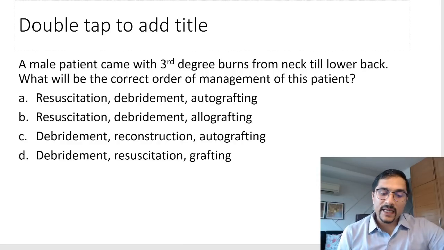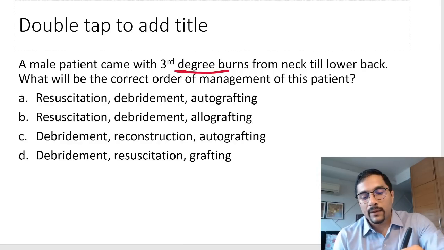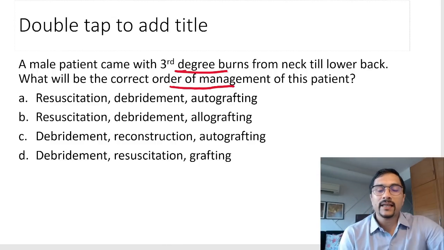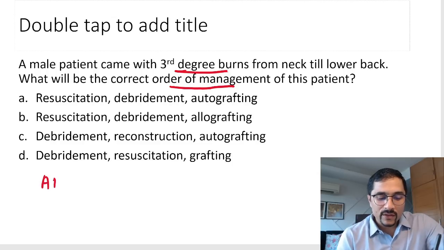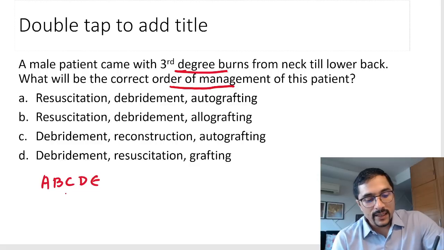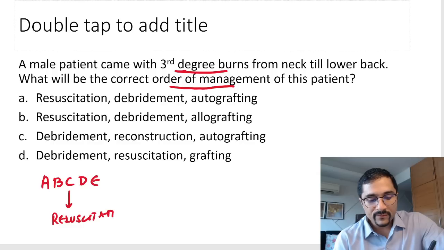Okay. A male patient comes with a 3rd degree burn from neck till lower back. What will be the correct order in the management of this patient? Now we know that in burns patients also we follow A, B, C, D, E: airway, breathing, circulation, disability and exposure. So first thing is circulation. That means we have to resuscitate the patient, give fluids to this patient.